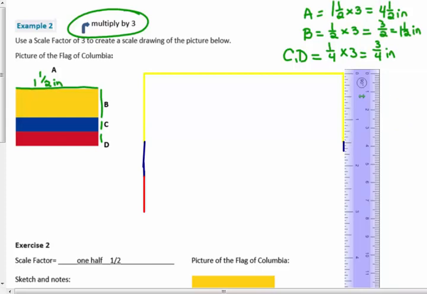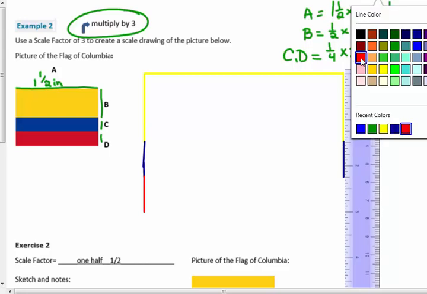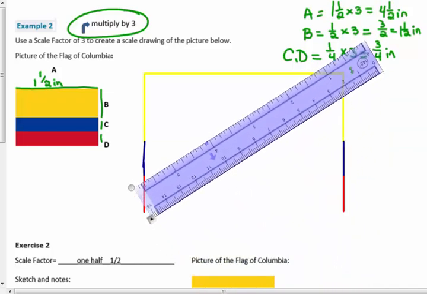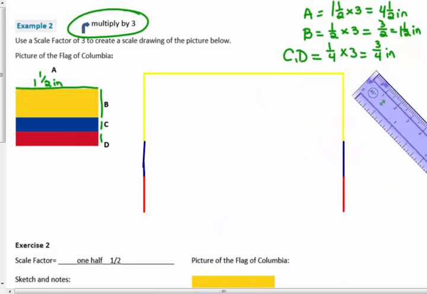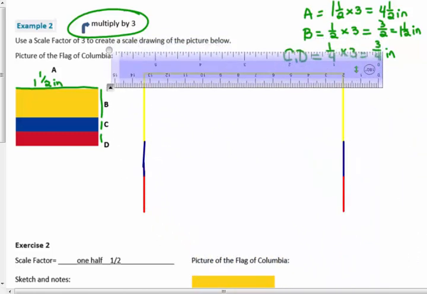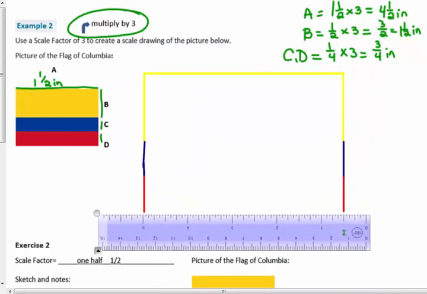So make sure your pencil's lining up carefully. And 3/4 inch for the D. Okay, so my ruler's upside down, but that's okay.